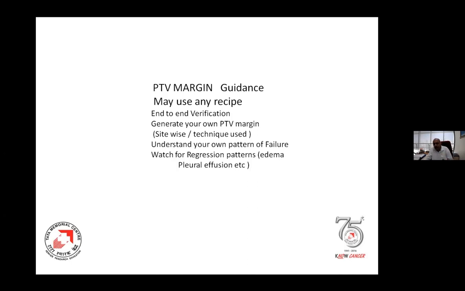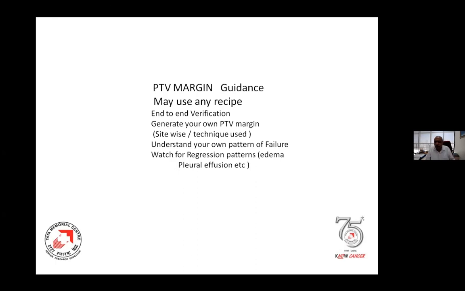So we have to generate it for, like, a head neck system: headrest, immobilization, daily setup, laser, how we are seeing the ODI, and everything, to generate our own margin. It is also very important what type of site it is, head neck or lung, and what technique we are going to use. So the margin may change a little bit here and there.